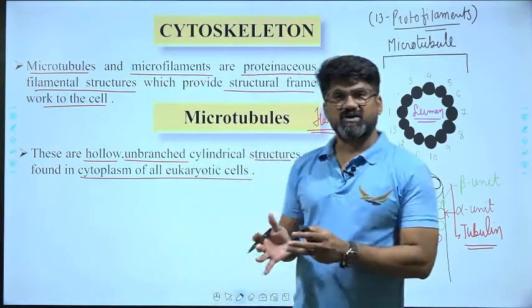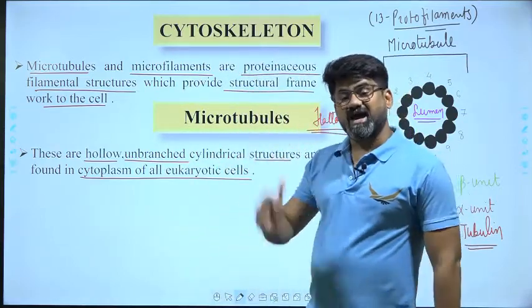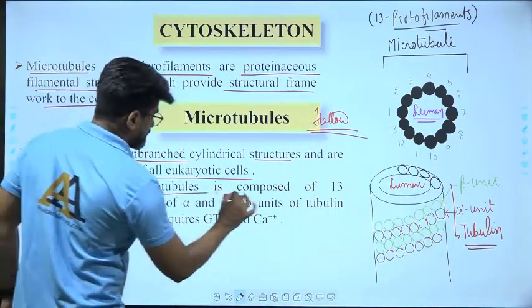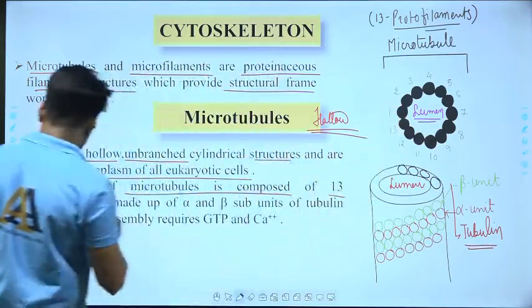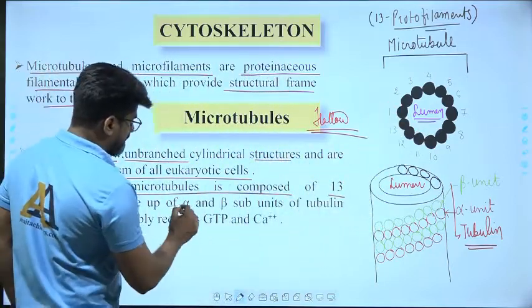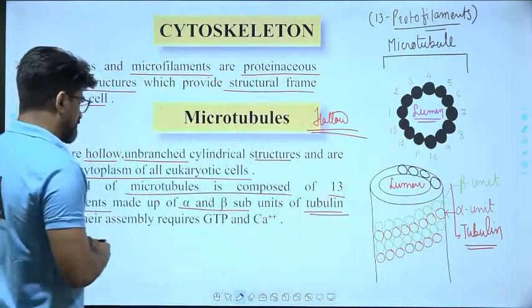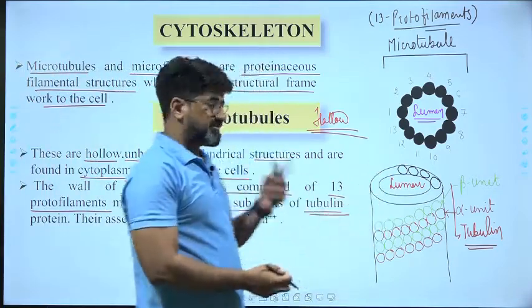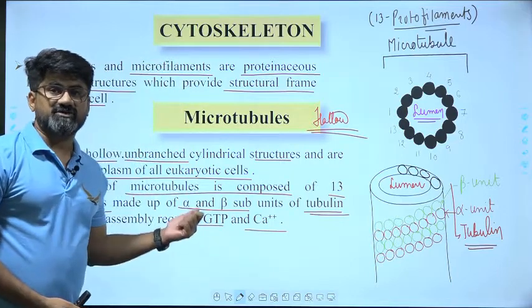किसमें होगा? Cytoplasm of eukaryotic cell में. Microtubule किसमें नहीं होता? Microtubule is absent in prokaryotic cell. Okay, the wall of microtubule is composed of 13 protofilaments made up of alpha and beta subunits, and basically it is made up of tubulin protein. The association of alpha and beta subunits requires GTP, that is guanosine triphosphate, right?